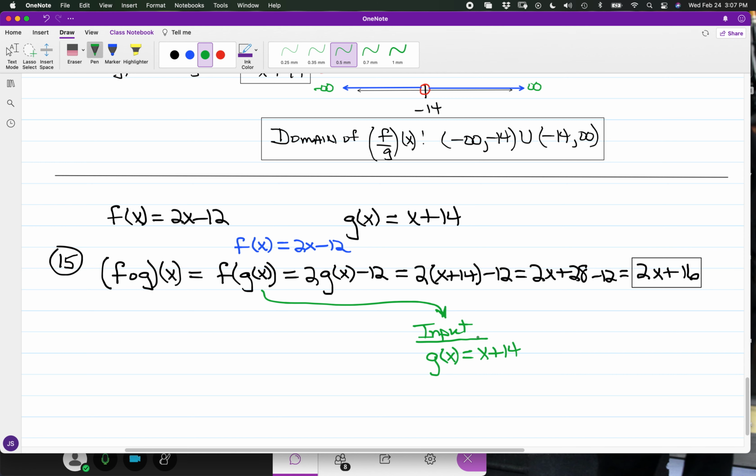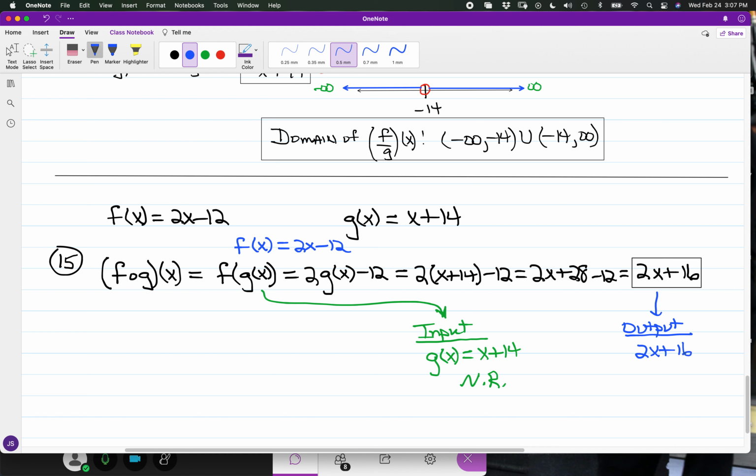And since we don't have any fractions or even root radicals, there is no restriction. And for the output, we have 2x plus 16, like g of x equal to x plus 14.